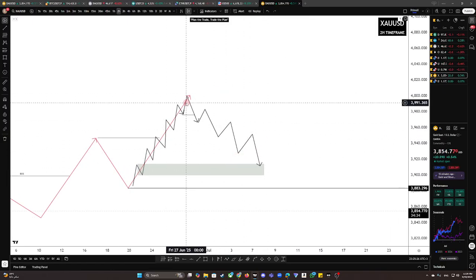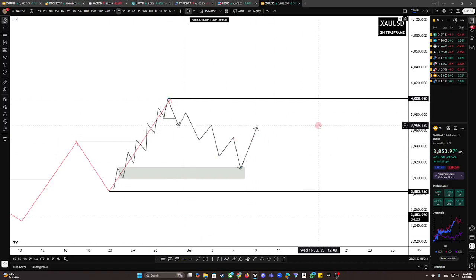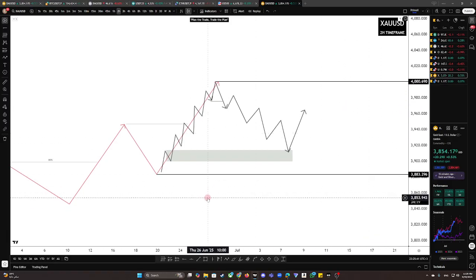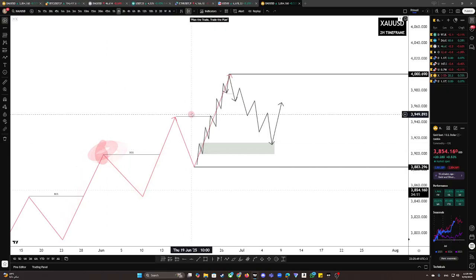But in this case here, we made a pullback, and as soon as we start realizing that price is breaking back bullishly, this is an indication that price should be targeting this high right now, which is at $4,000, because just like we came here and then we retraced and then we went back up and even broke further this point. Same goes here, we went back and then we went back up as soon as the pullback was complete.